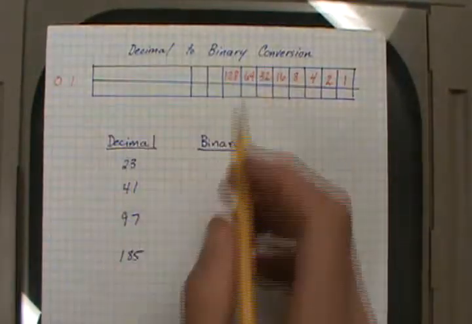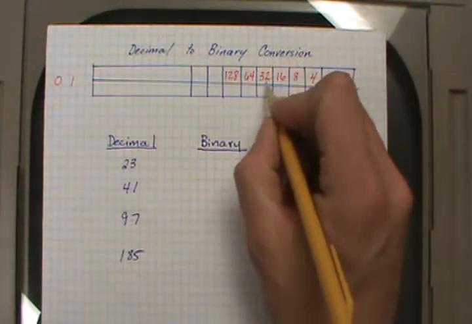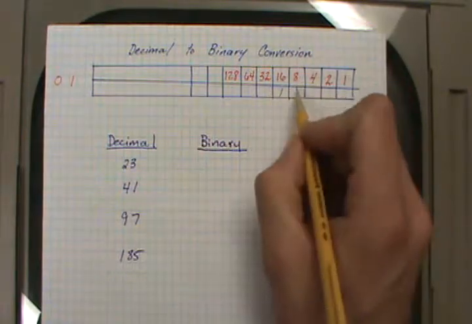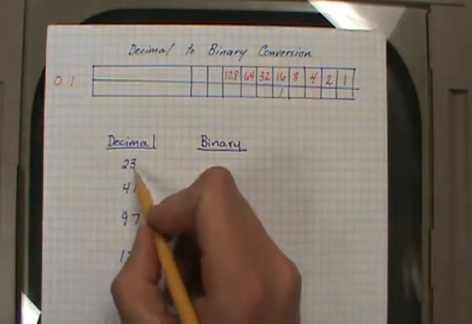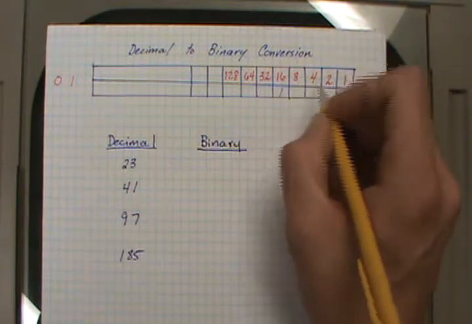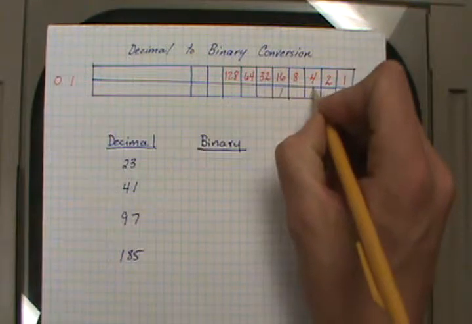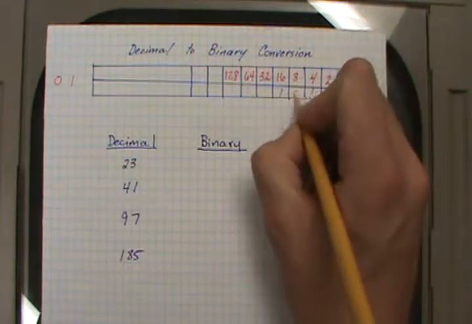So if we look at 23, we're going to find the biggest number first that we can fit in there. It's going to be 16. Now we want to find what the remainder is, so 23 minus 16, we're going to be sitting at 7, so we can't go with the 8, but we can go 4, 2, and a 1.